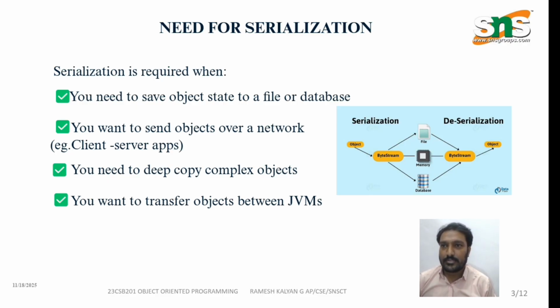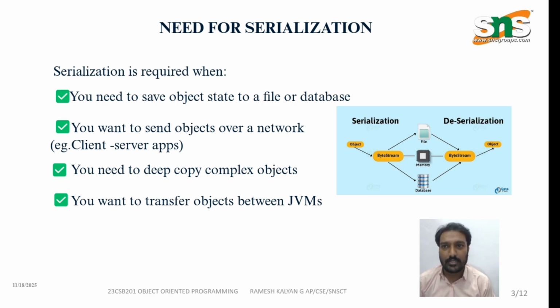The second point is when we want to send objects over a network, for example from client to server applications. To send an object, we need to convert it to a byte stream or data, so we need the process of serialization.